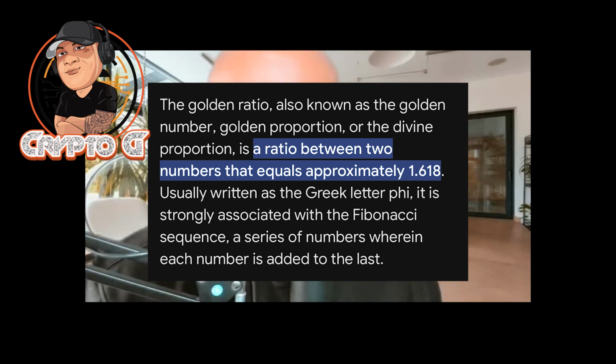Last bull run, I had a t-shirt made, this was like 4 years ago. Nobody knew what it was. It was so funny. I had a gold line across the shirt, and then the number 1.618, because that's the parabolic number.